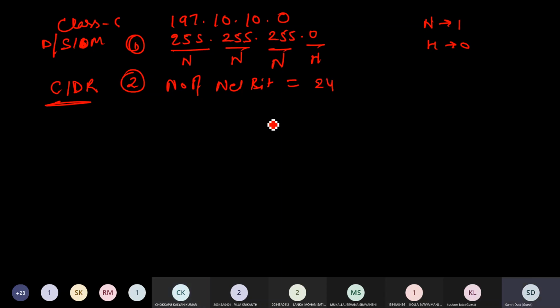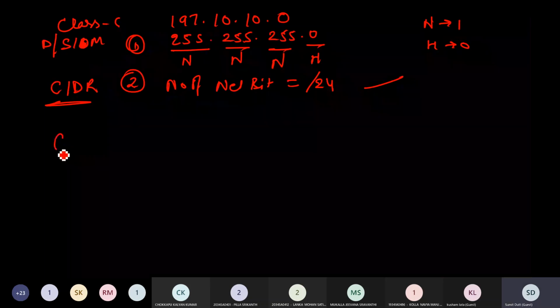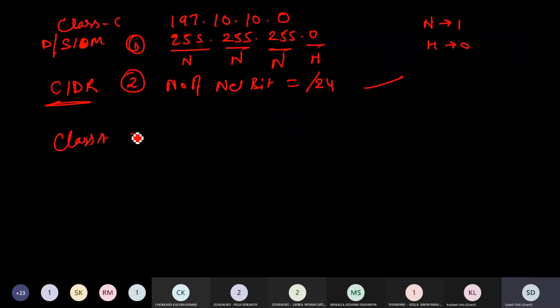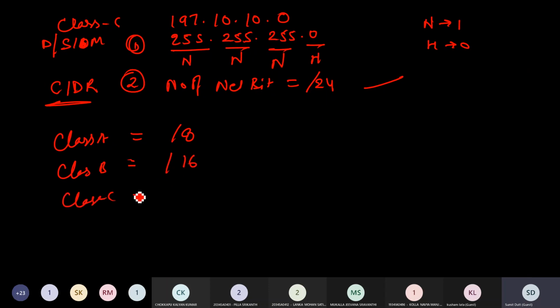Correct, 24. So here the CIDR value will be /24. This is another method to express the subnet mask value. So if it is class A, the CIDR value will be /8. If it is class B, it will be /16. If it is class C, it will be /24.